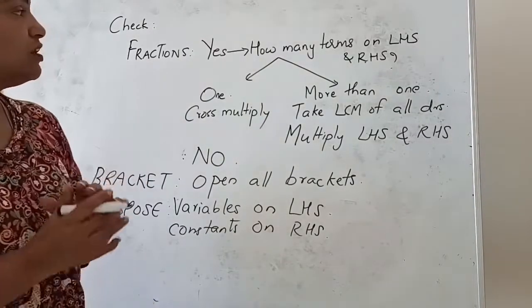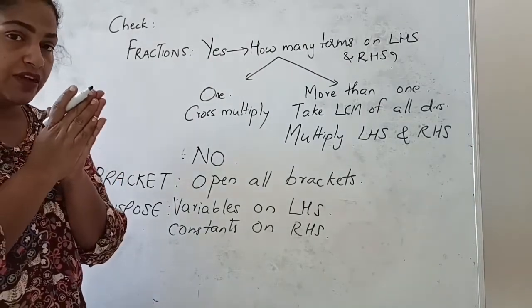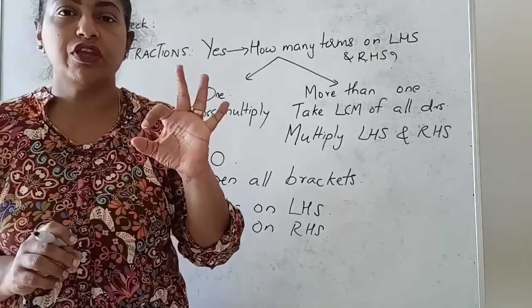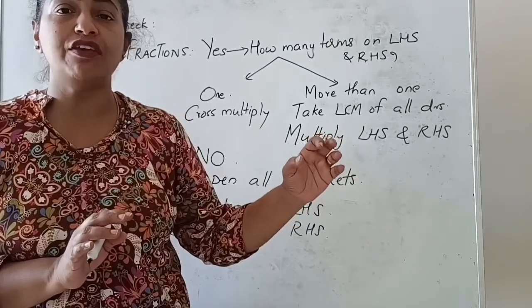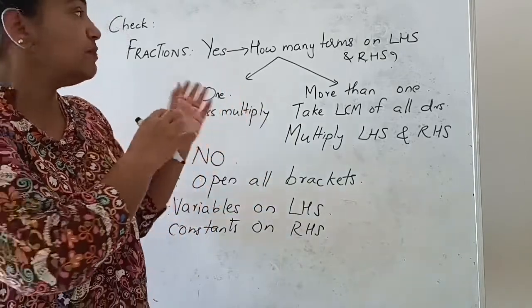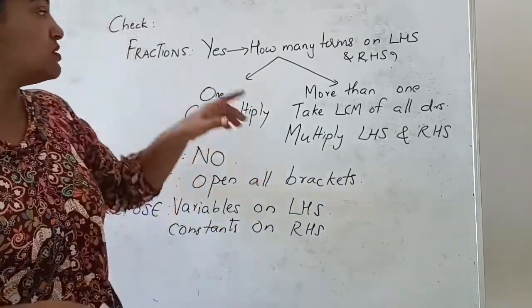So, I have written down the rules of fraction, bracket, transpose. Fractions. When you say fractions, the first step when you get a linear equation is please check whether the linear equation has got any fractional terms. I say any. Even one term is fractional. Yes, this particular step is applicable. So first step, check for any fractional terms.